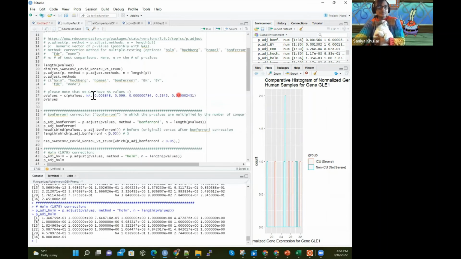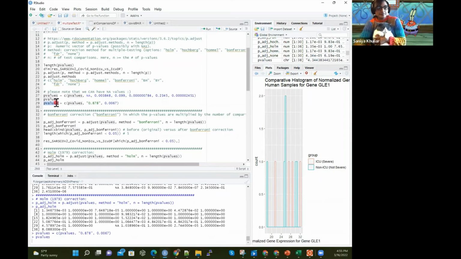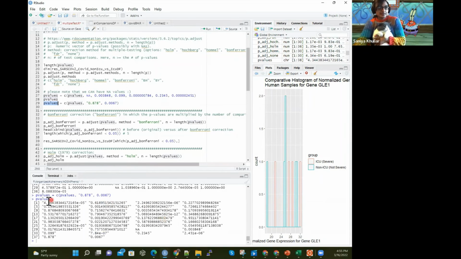But let's say I did p-values and I tried to append, add to the element, 878, 0.500. Okay, I'm just adding these two to it. So now my p-values looks like numbers.